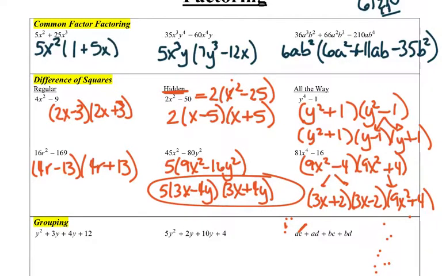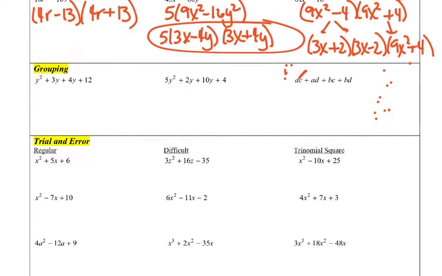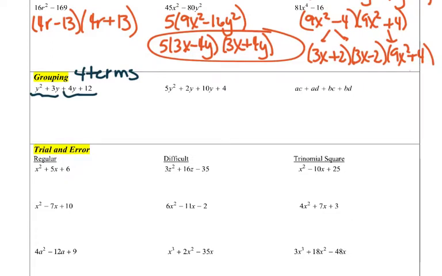Grouping is really extended common factor. You use grouping when you have 4 terms. Now this one you may have forgotten because you don't use it too much. How you do grouping is you group together the first 2 terms, you group together the last 2 terms, and you pull a common factor out of each group.